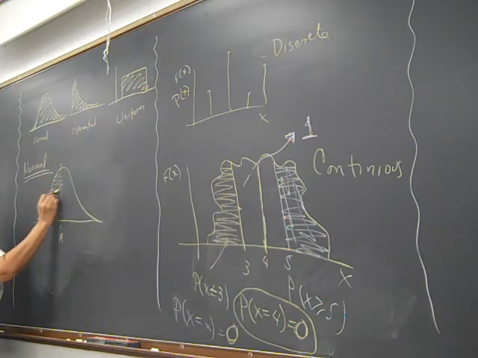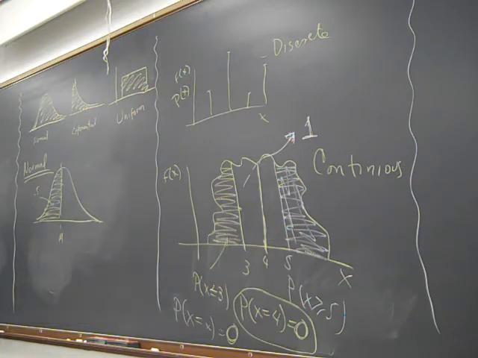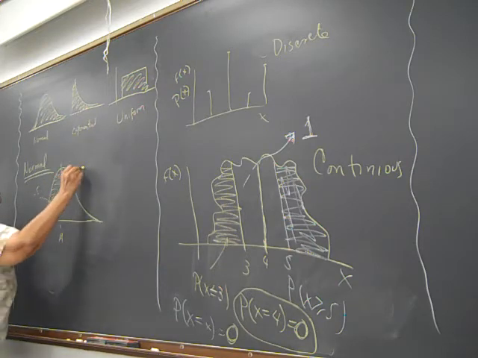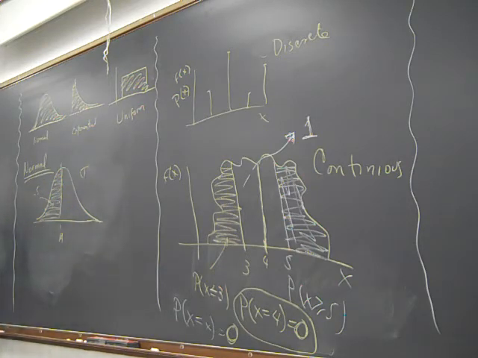So what is this area over here? 0.5. Exactly, because it's symmetrical. You are watching the distribution in a mirror. The mean is mu, and the standard deviation is sigma. So it's symmetrical and has a bell shape.